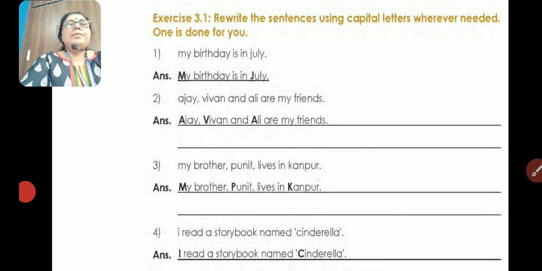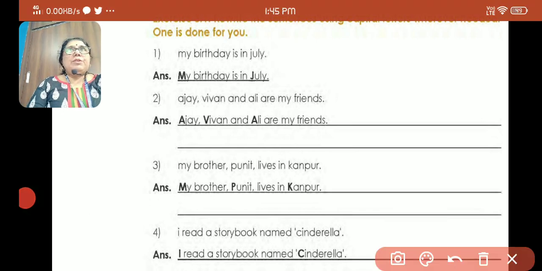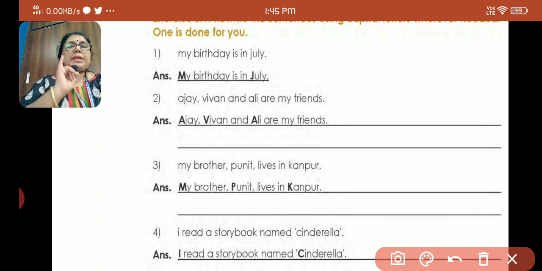See here, rewrite the sentence using capital letters wherever needed. One is done for you. So, listen children, where all do we use capital letters? First, beginning of a sentence. Second, name of month, name of week, names of days are always written in capital.